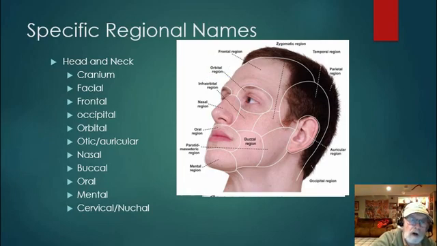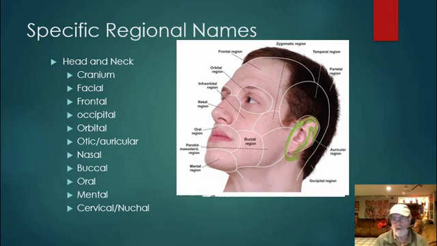Now otic or auricular. Otic or auricular is this area right here. Otic means ear, and auricular refers to the big flappy thing that sits out there, not just the earlobe but the whole ear.